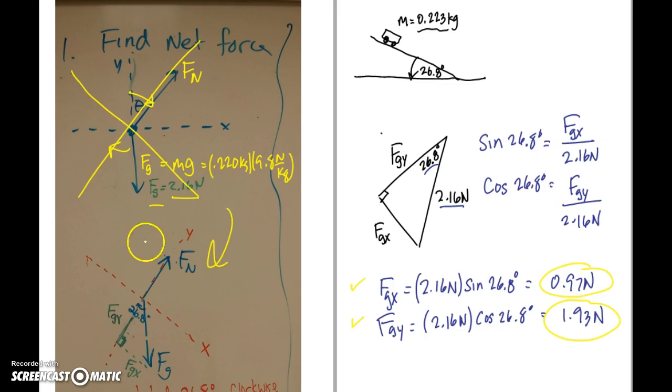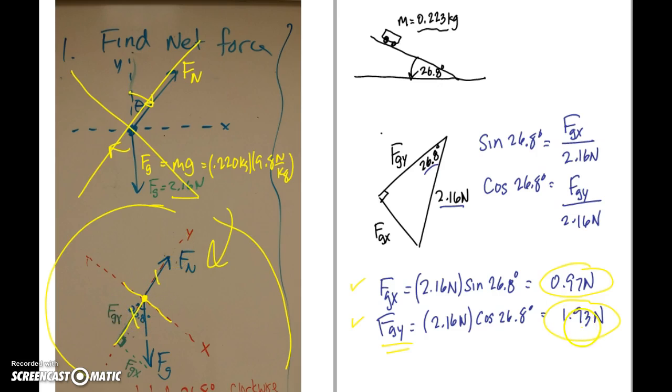So what are these? Let's look back over here at our diagram. The y component is right here, and based on this diagram, it's apparent that, remember, this is the cart, and this x-axis would represent the ramp, and the cart is not accelerating down into the ramp or up off the ramp, so this component must be equal to the normal force.